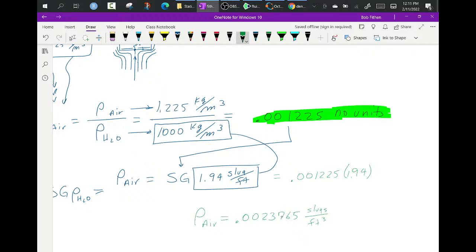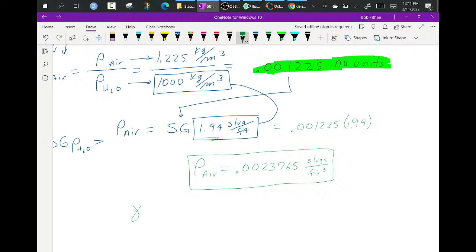That's way, way tinier than what water is, because water is 1.94. Now it turns out I don't need this, but if you needed to know that, you would multiply this times 0.001225 times 62.4 and carry out that, but I don't need to know that.